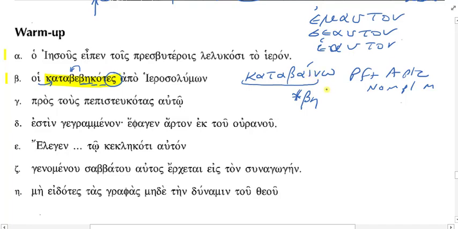Is this just a rare one? So yeah, there are several forms of baino that have prefixes. So kata is down, so to go down. Anabaino is to go up, right? Apobaino is to go away.